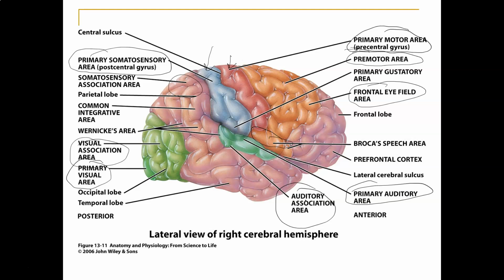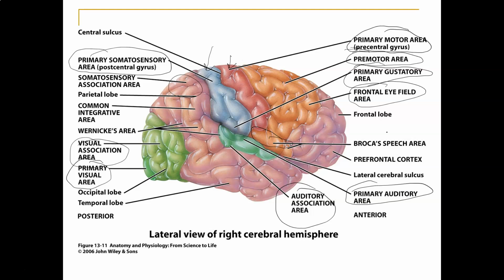So if you hear a train whistle, you can identify that as a train versus a dog barking, etc. Or the voice of a relative. And then there's also a gustatory area for taste and a gustatory association area. And one that you don't see here, because it's in the insula region behind the temporal lobe, is the olfactory area for smell.